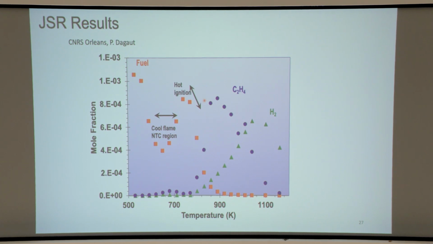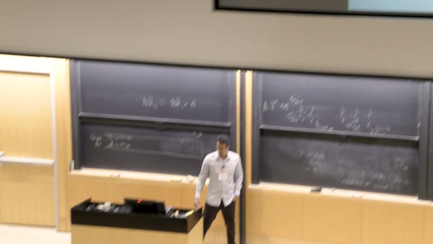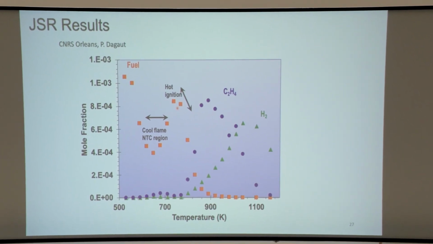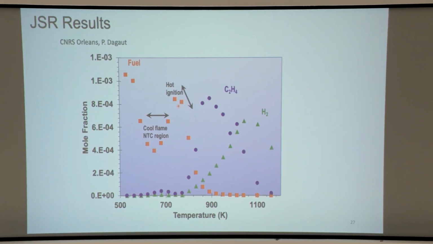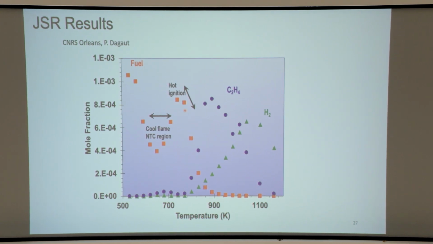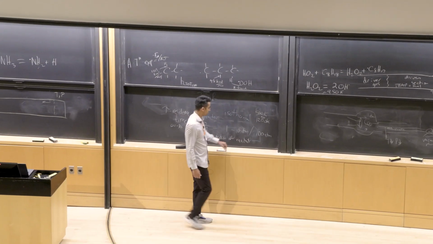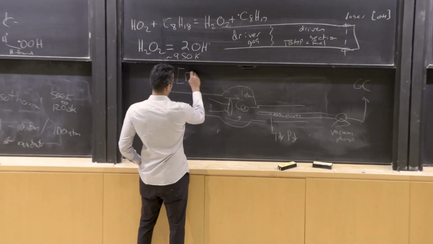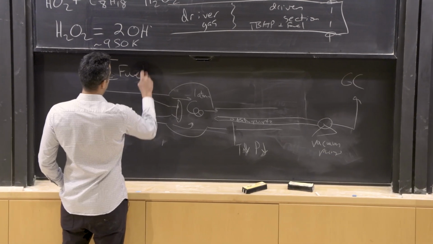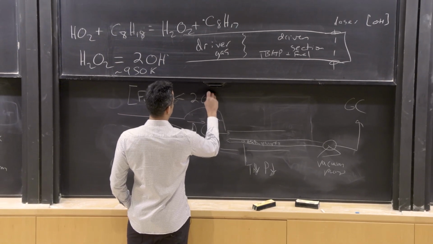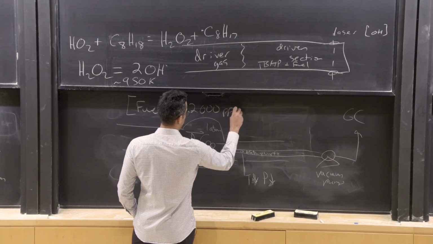Now there's no per se ignition, but this high temperature region corresponds to the same types of reactions that are happening in ignition. Ignition is prevented in these types of reactors by making the fuel loading very low. So typically the fuel concentration might be about 2,000 ppm, 2,000 parts per million.